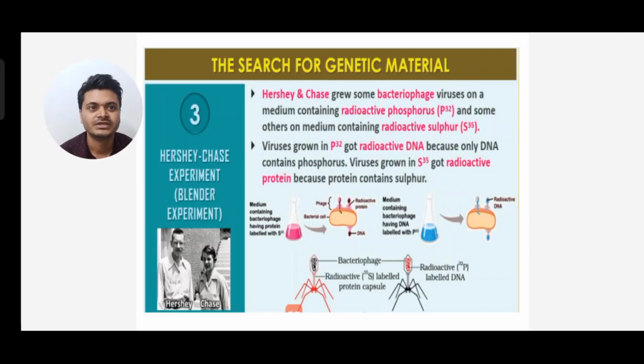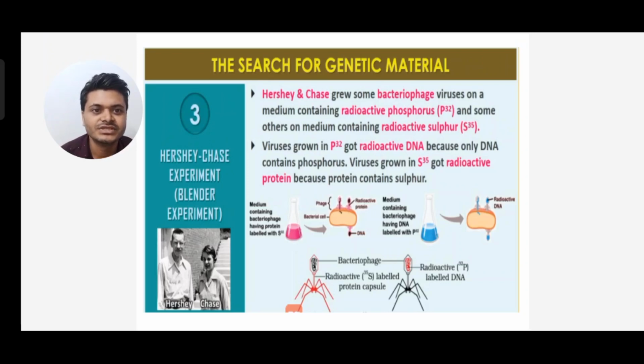Viruses grown in 32P got radioactive DNA because only DNA contains phosphorus. Viruses grown in 35S got radioactive protein because protein contains sulfur.